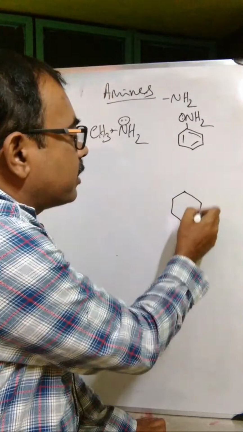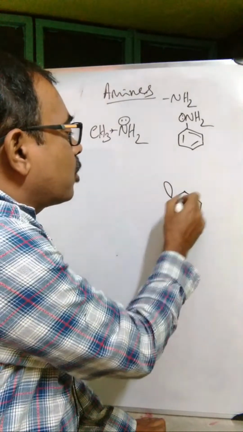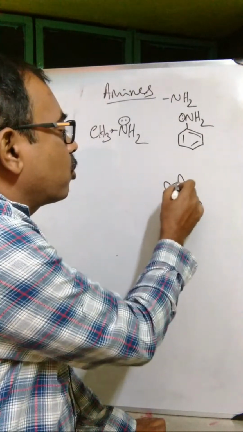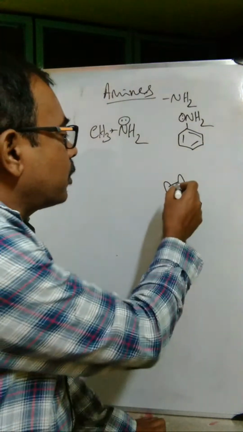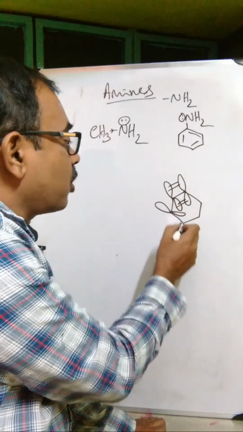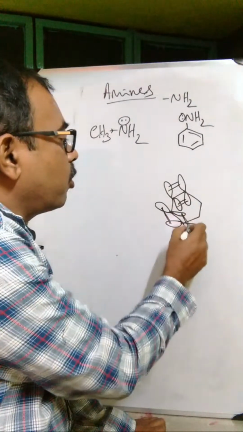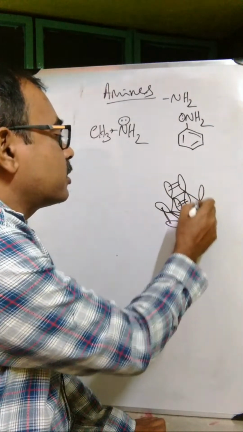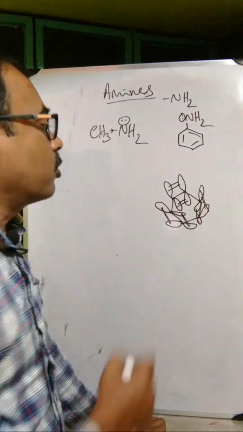In the benzene hexagonal shape, the double bonds are like this: p orbitals make lateral overlapping to form a pi bond. Alternate pi bonds are there. These p orbitals make lateral overlapping to form a double bond, and these two p orbitals make lateral overlapping to form the pi bonds.